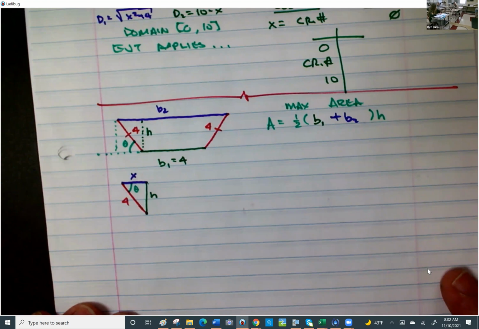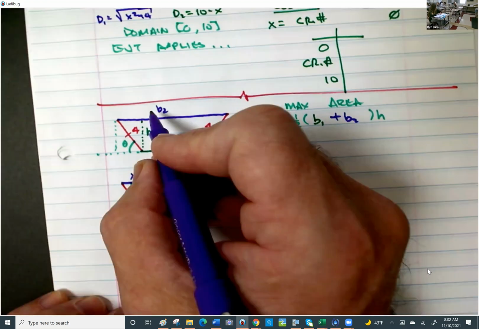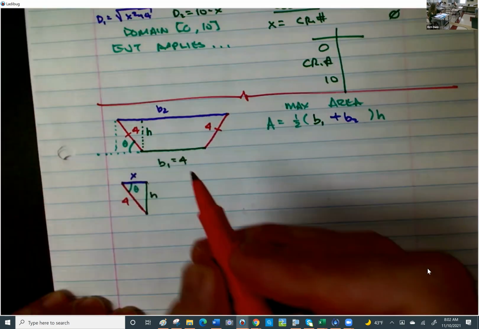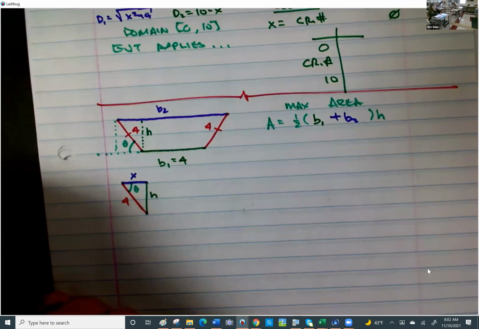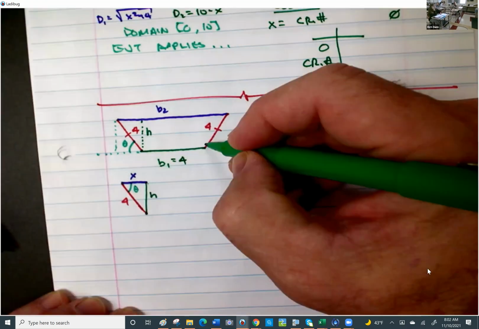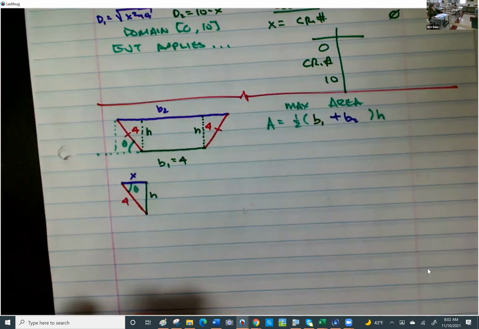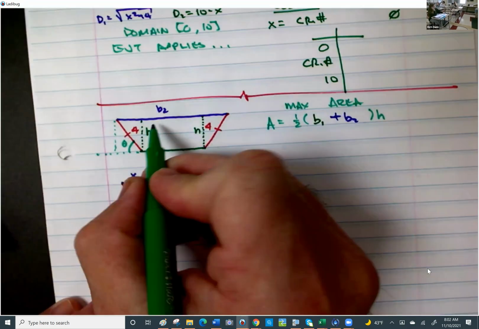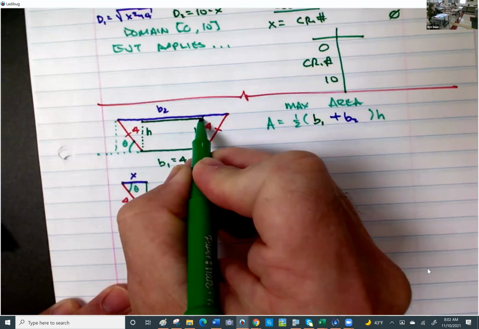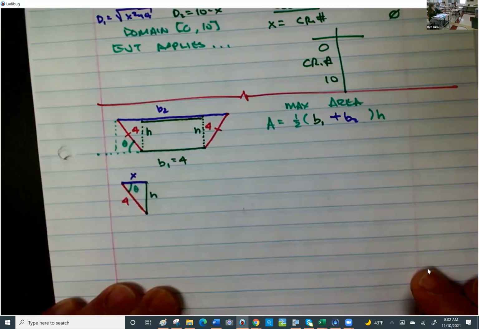And as I look at that, if that is x, then let me draw another triangle over here that you can kind of see. We know that this length here is going to be what? 4.